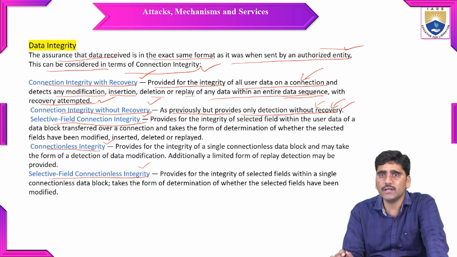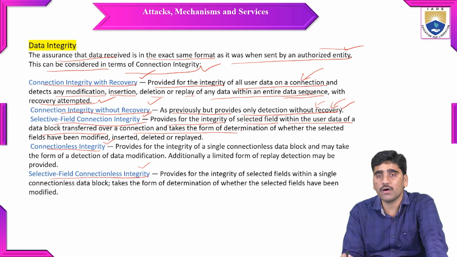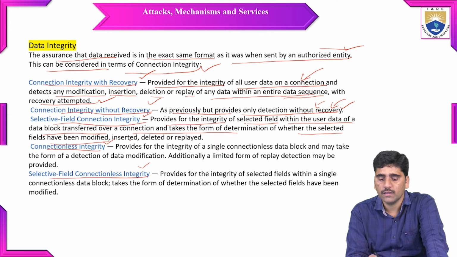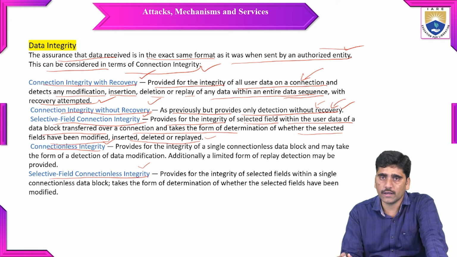And selective field connection integrity. It provides for the integrity of selected fields within the user data of a data block transferred over a connection, and takes the form of determination of whether the selected fields have been modified, inserted, deleted or replayed. That means the user data having a name, a phone number, a mail address or anything; this is all related to user data.